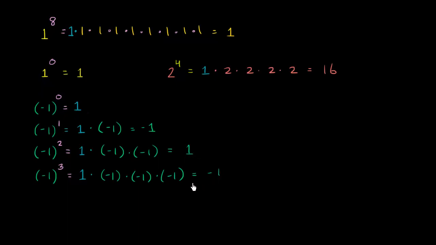And the pattern you might be seeing is if you take negative 1 to an odd power, you're going to get negative 1. And if you take it to an even power, you're going to get 1, because a negative times a negative is going to be the positive, and you're going to have an even number of negatives.